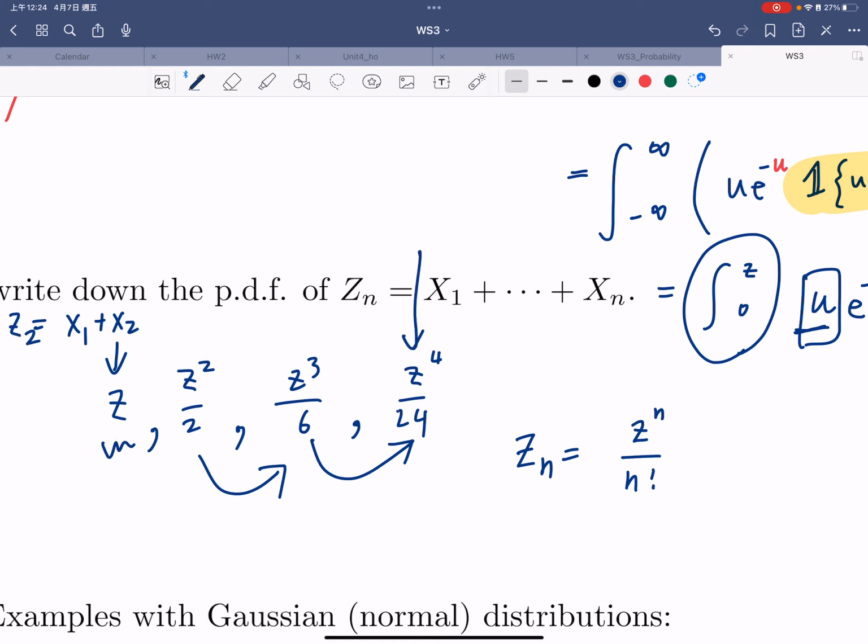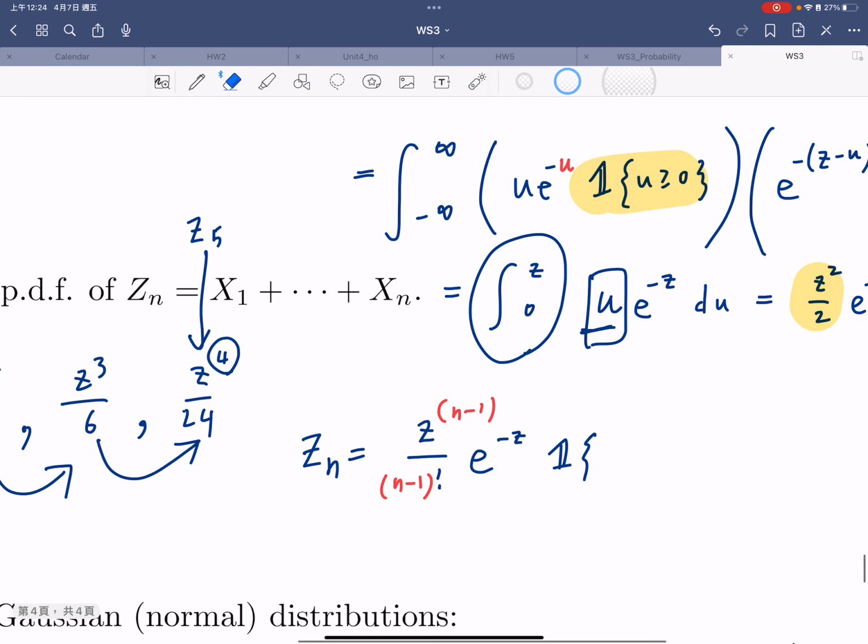So this has a power of 4, but actually it is z to the 5. So you need to have minus 1 here. Minus 1 here. Okay? Exponential to the negative z given the indicator function z greater than 0. Okay, that's it.